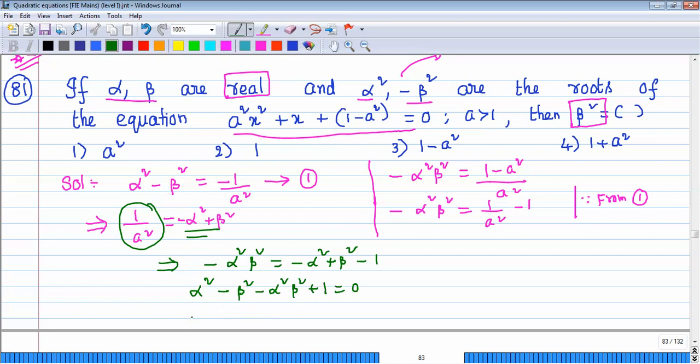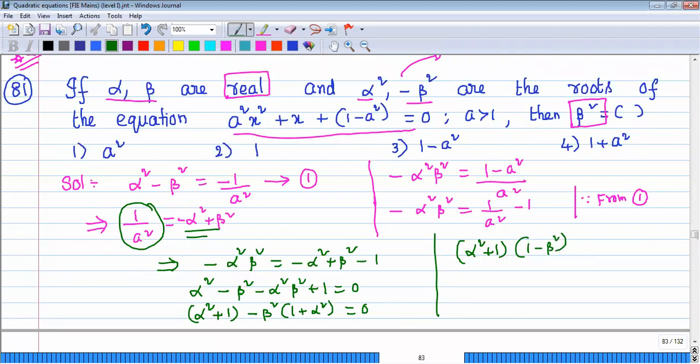Now separate the terms: alpha square plus 1, and from minus beta square minus alpha square beta square take minus beta square common, giving 1 plus alpha square. So we get two factors: alpha square plus 1 into 1 minus beta square.